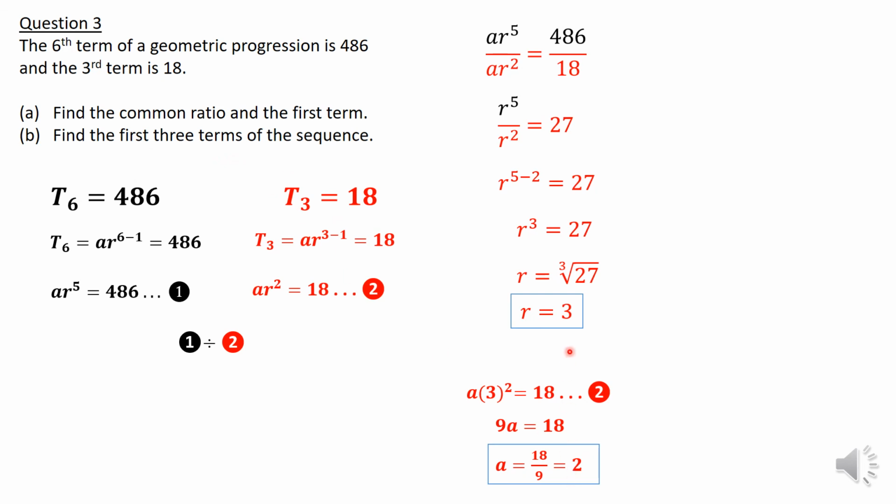This part answers the first part of the question. You simply take the first term, which is 2, multiply it by 3 to get the next term, which is 6, and multiply that by 3 to get 18. So the sequence is 2, 6, 18, and so on.